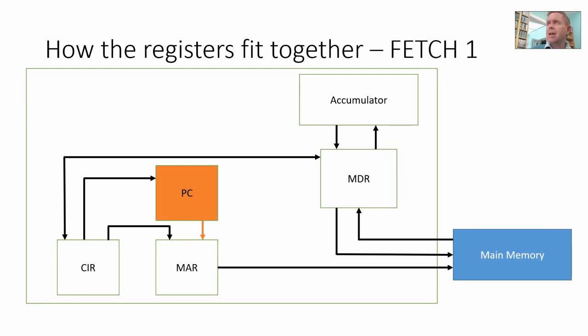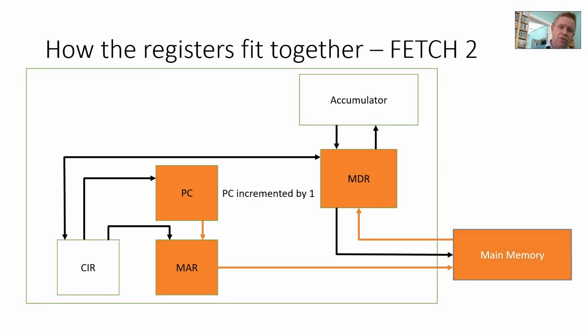So the first step of the fetch phase is that the memory address of the next instruction to be carried out is copied from this register, the program counter, into the memory address register.